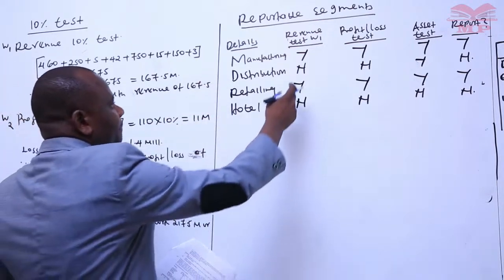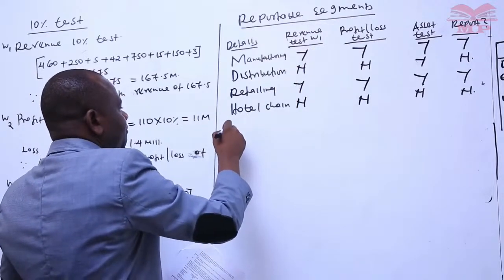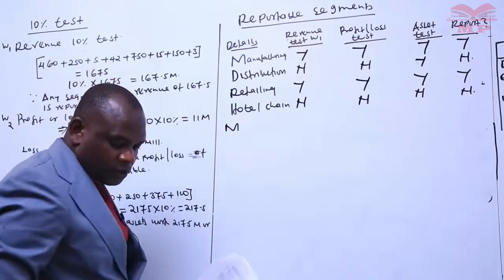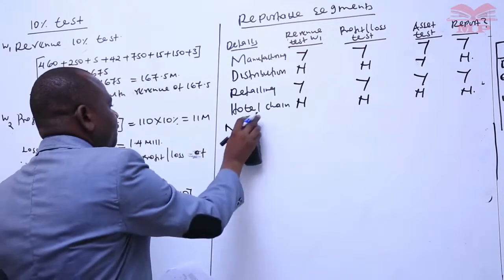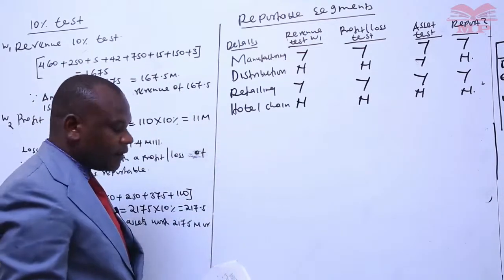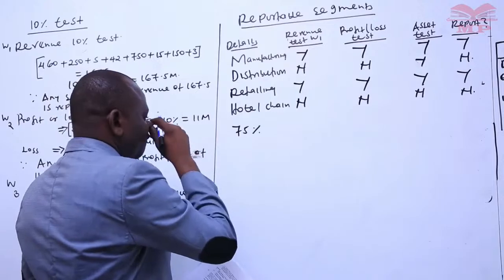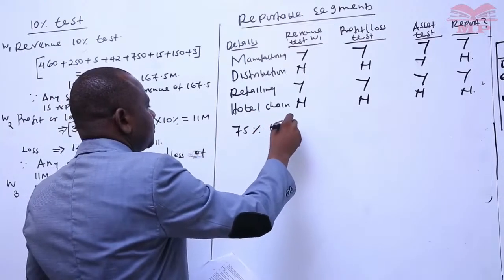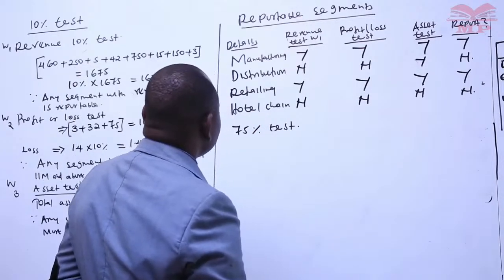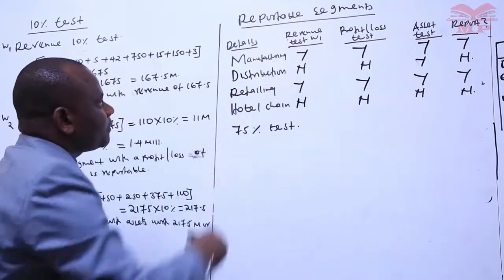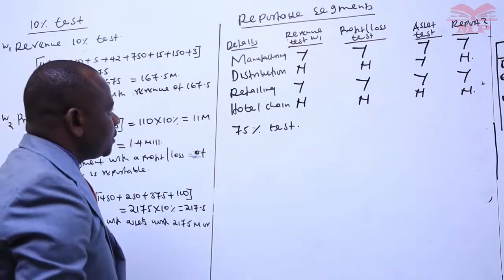So the reportable segments that we have here is manufacturing. So let us determine 75% test. Let's determine 75% test of the reportable segments revenue.